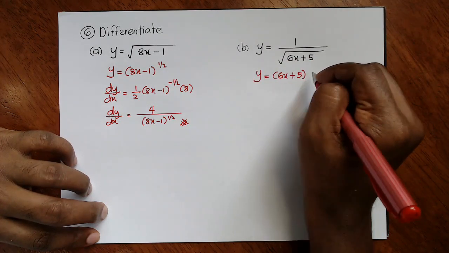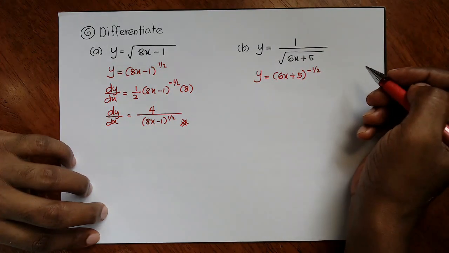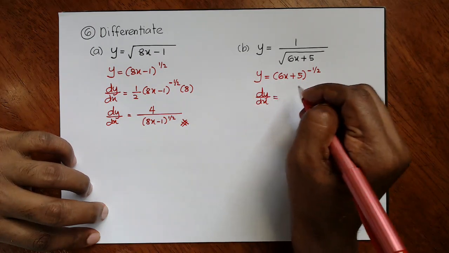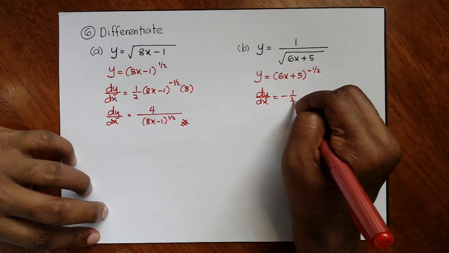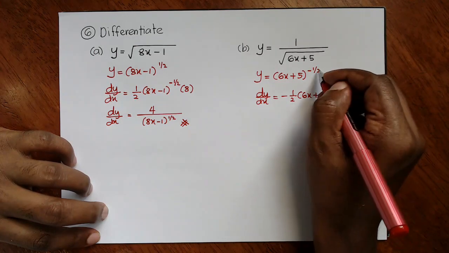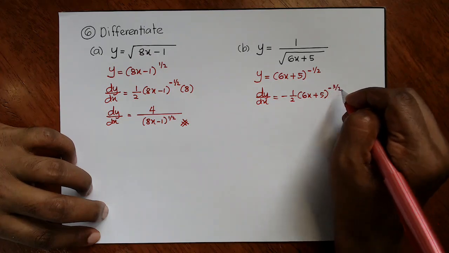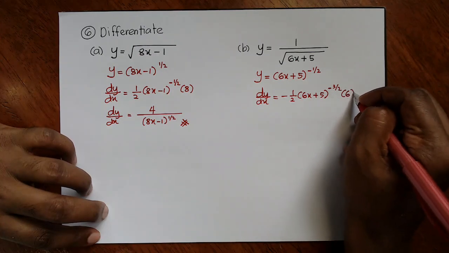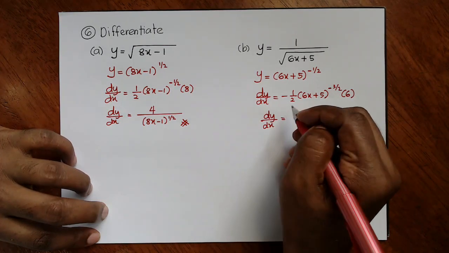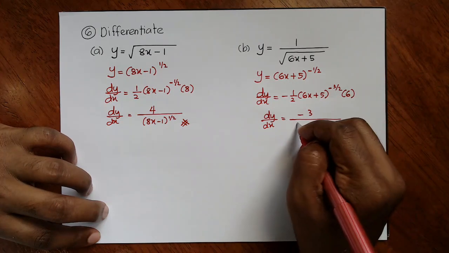So dy/dx will be negative 1 over 2 times (6x plus 5) to the power of negative 1 over 2 minus 1, you get negative 3 over 2. Differentiate the inside, you get 6. Therefore, you get dy/dx equals negative 3 over (6x plus 5) to the power of 3 over 2.